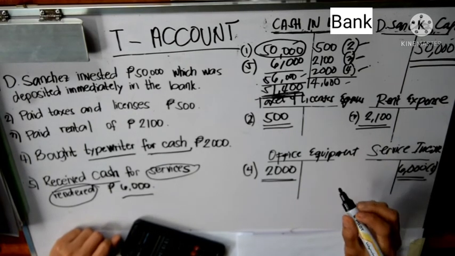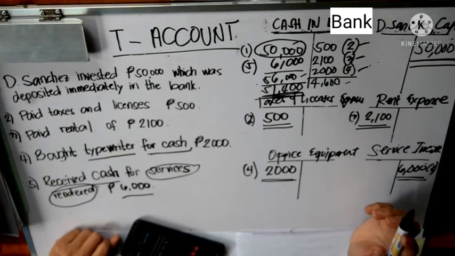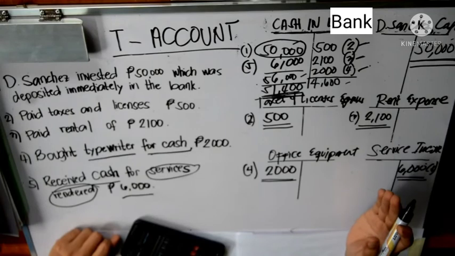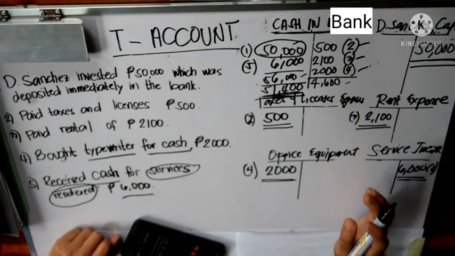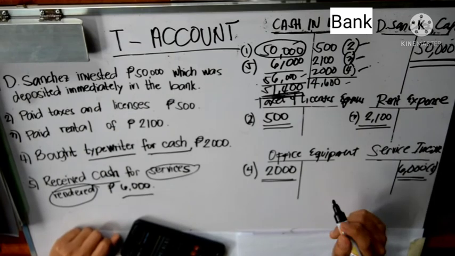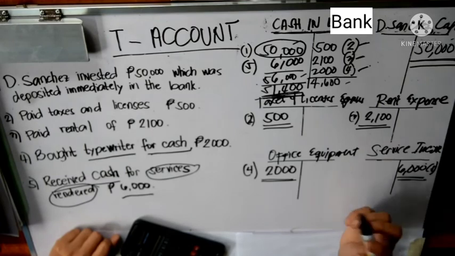So, for example, halimbawa next week bibili tayo ng another typewriter or what else? Printer, 'di ba? That is an office equipment. So, halimbawa, printer 4,000 pesos, just for example.